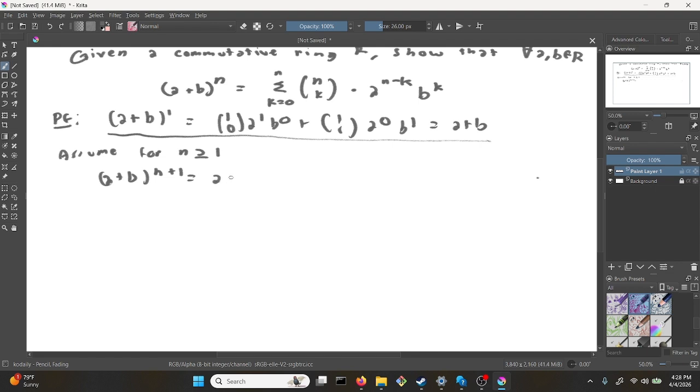We can split this to something like this. And then by the inductive hypothesis, we get something like this, where this is the sum that we had earlier.